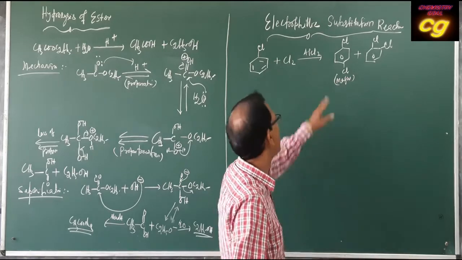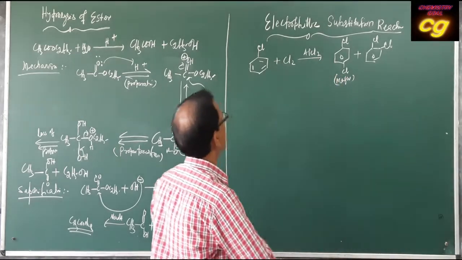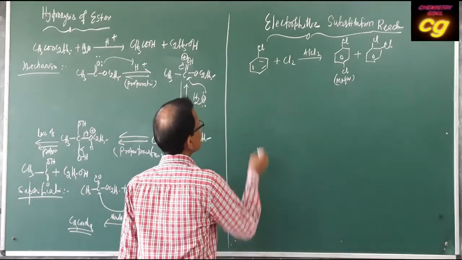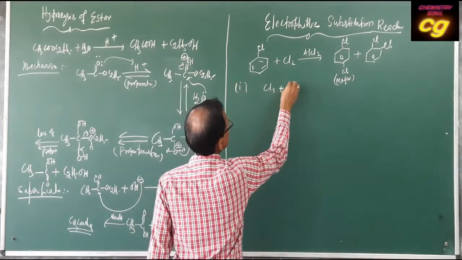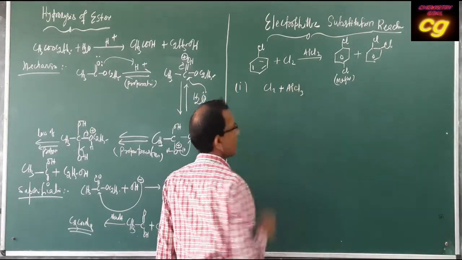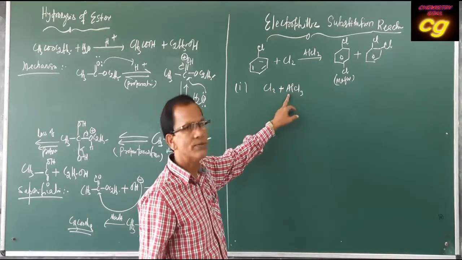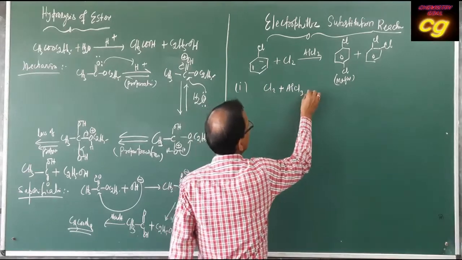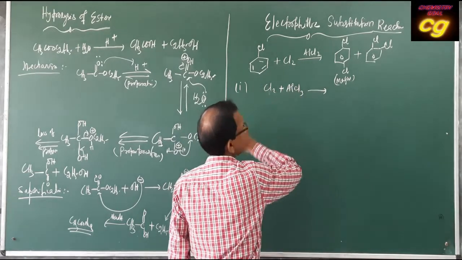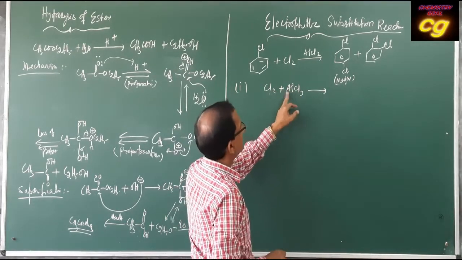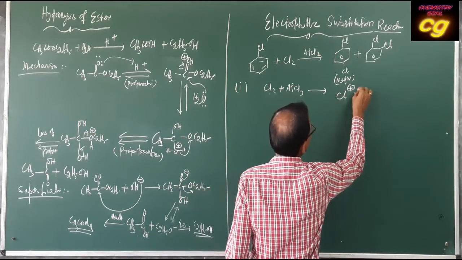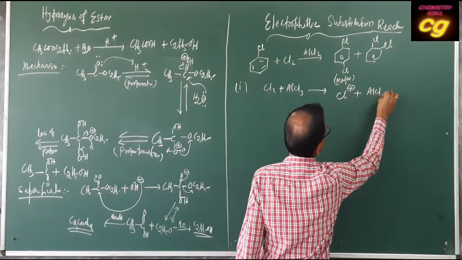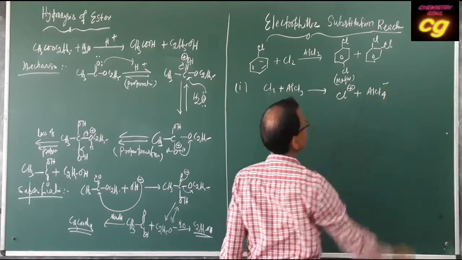Let us discuss the mechanism of this para product. So here, what happens? Your chlorine is in presence of aluminum chloride. As aluminum chloride is a Lewis acid, it has a vacant orbital. It accepts Cl minus from Cl2. The result is Cl plus and AlCl4 minus.